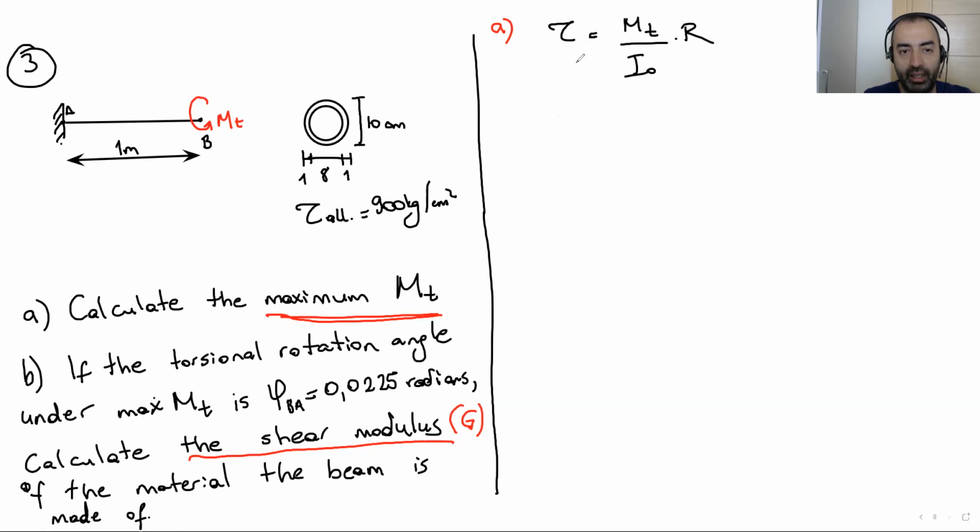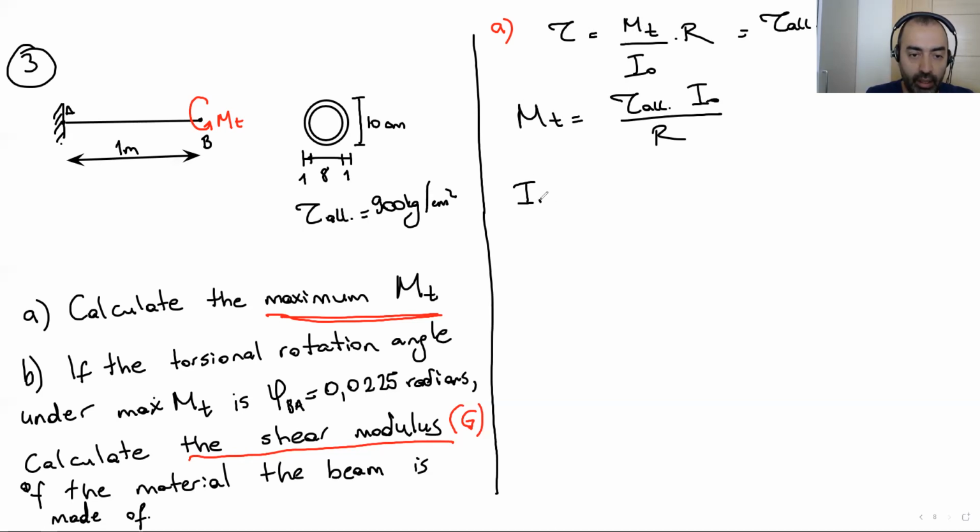If we put the allowable stress here, you can calculate the maximum torsional moment. Mt is allowable times I0 over R. Now, we have the allowable stress and we have R. We need to calculate I0. Let's do it. By the way, yes, we can calculate it.